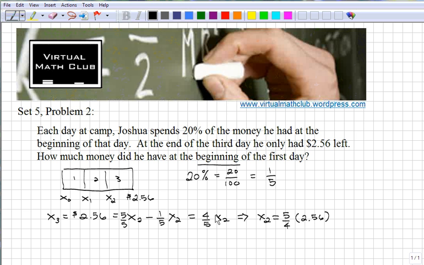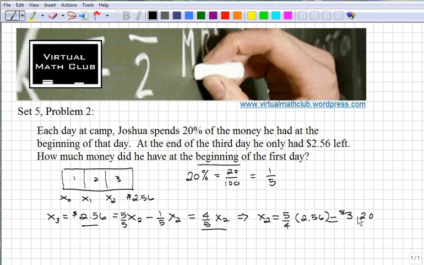That's just by multiplying both sides by 5 and then dividing by 4, that's where the 5/4 comes from. Then we can just calculate that out, and we'll find out that x2 is equal to $3.20. Okay, so we divide $2.56 by 4, you get 64 cents, take that times 5, and you'll get $3.20.